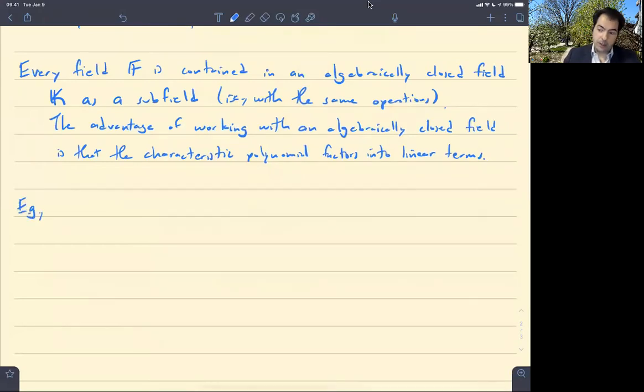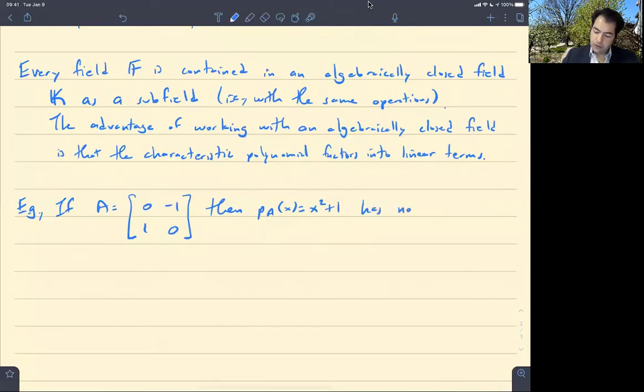So our perennial example, if you're looking at the matrix corresponding to rotation by 90 degrees, then the characteristic polynomial would be x squared plus 1.